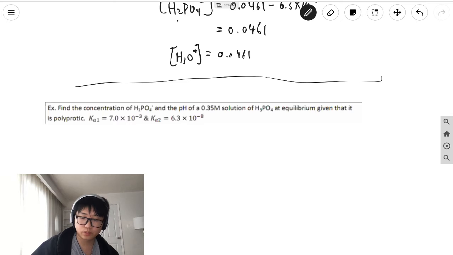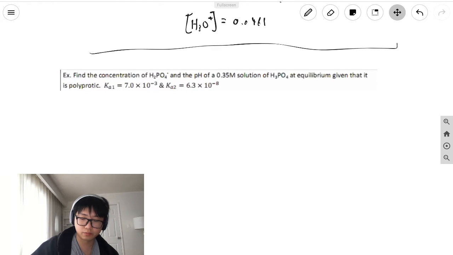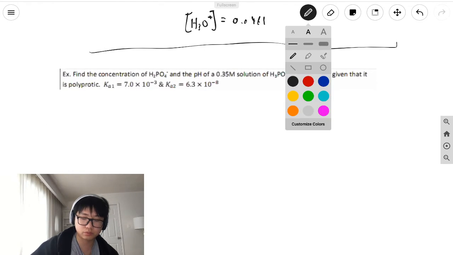Yeah, actually, this one is definitely worth doing. I don't know if we covered polyprotic. Do you even know what polyprotic means? Go with the words, I think you can figure it out. Poly means many, and protic means proton, something that can give off more than one hydrogen.